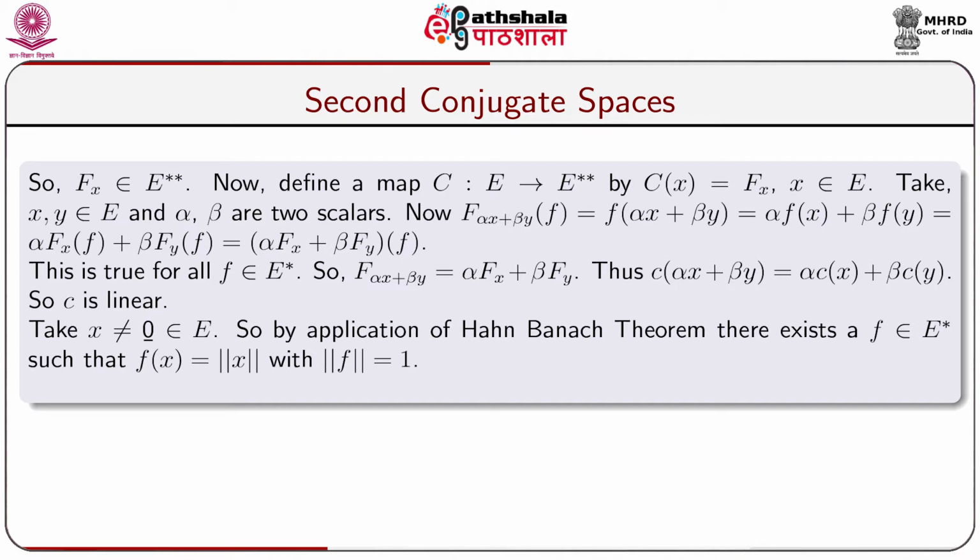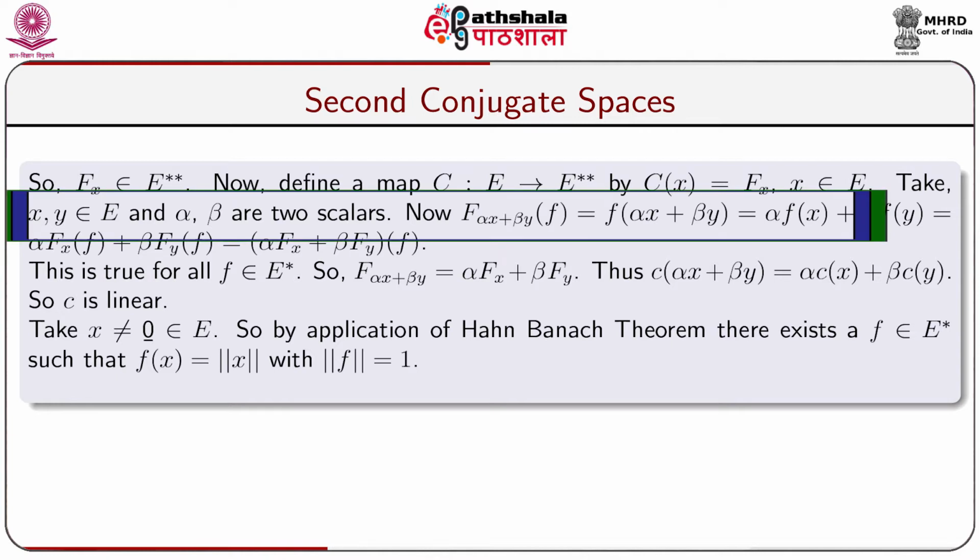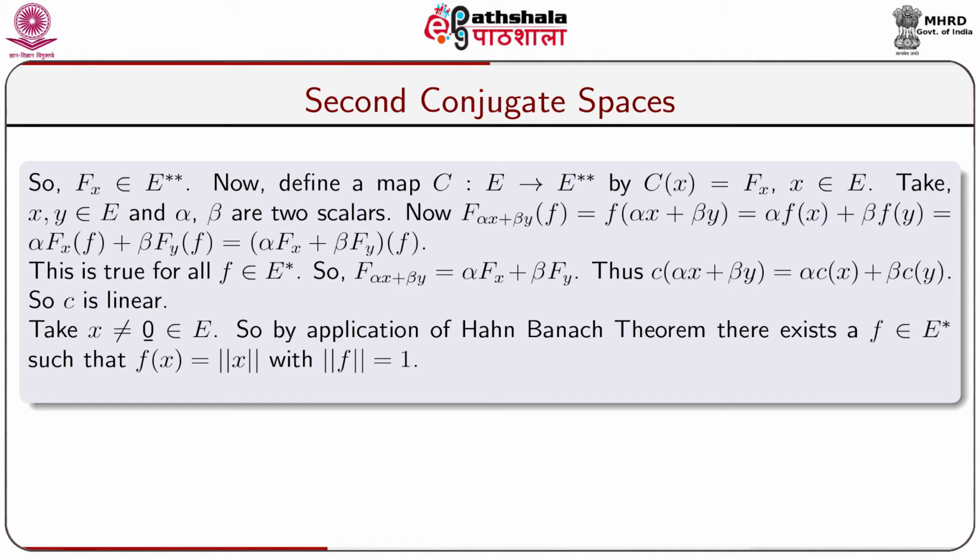Now, define a map C from E to E double star by C x equal to F x, where x belongs to E. Take x comma y belonging to E and alpha, beta any two scalars. Now, F of alpha x plus beta y, evaluated at f, equals by definition f of alpha x plus beta y. As f is linear, f of alpha x plus beta y equal to alpha f of x plus beta f of y, which is equal to alpha F x of f plus beta F y of f. This is true for all f belonging to E star. So, F of alpha x plus beta y equal to alpha F x plus beta F y.